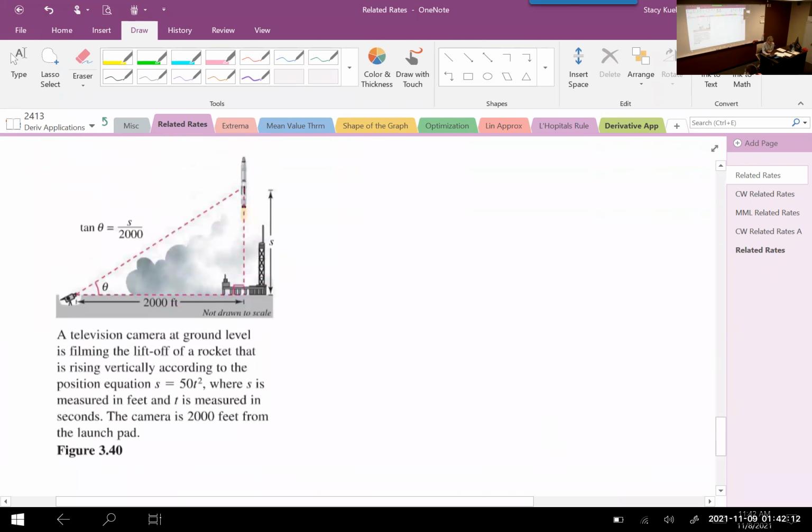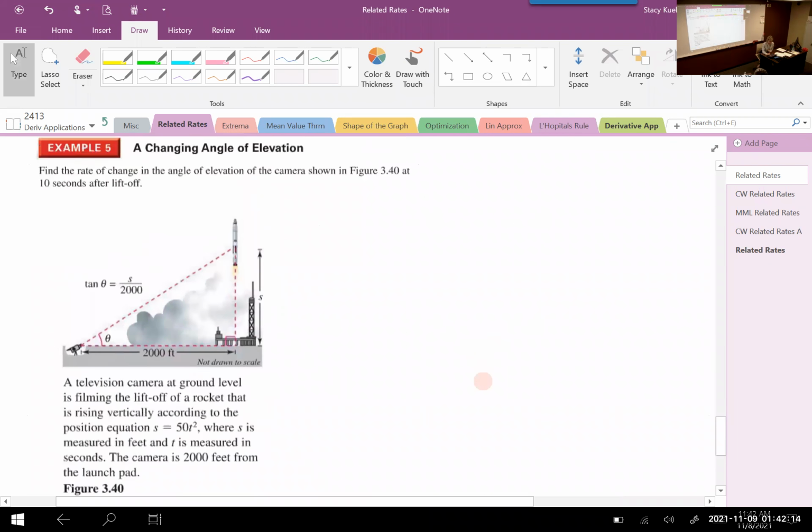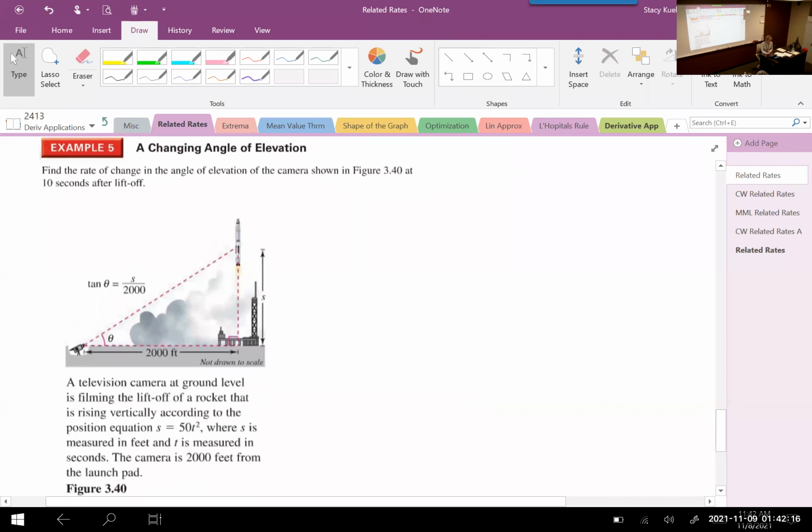All right, let's look at this one then. Find the rate of change in the angle of elevation of the camera 10 seconds after liftoff. What we're going to look at here is what information is given to us in that figure.